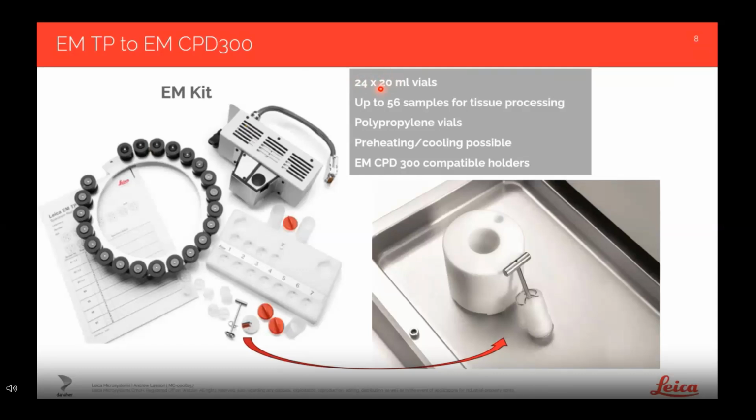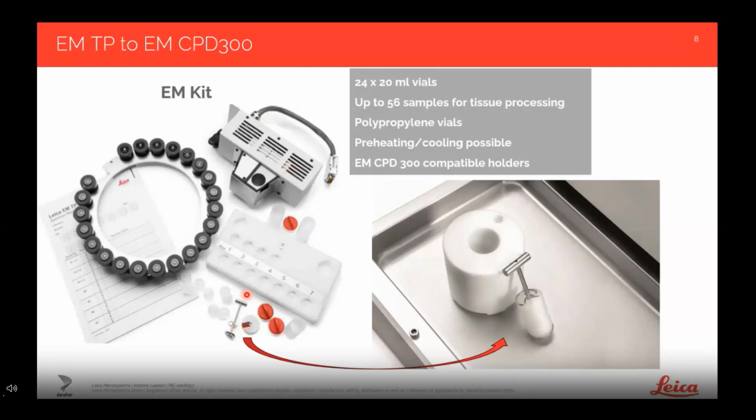Those are typically loaded with, for example, your fixative and your ethanol series. If you were doing ultramicrotomy, for example, you could take this all the way through a resin embedding step. This unit here is the temperature module, so it allows you to heat or maintain the temperature of the processing.